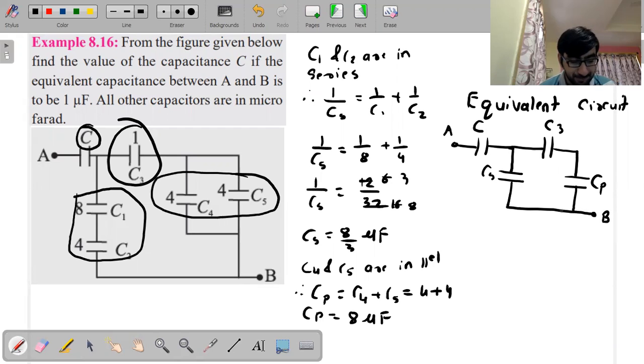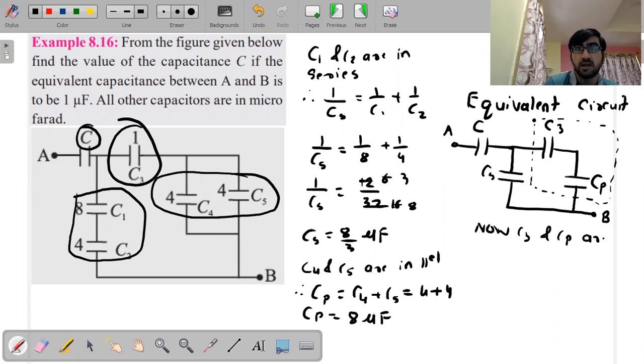Good. Now you will have to solve this. So if you now analyze the circuit properly, what you will notice is these two, that means C3 and CP, these two are in series. So now C3 and CP are in series.